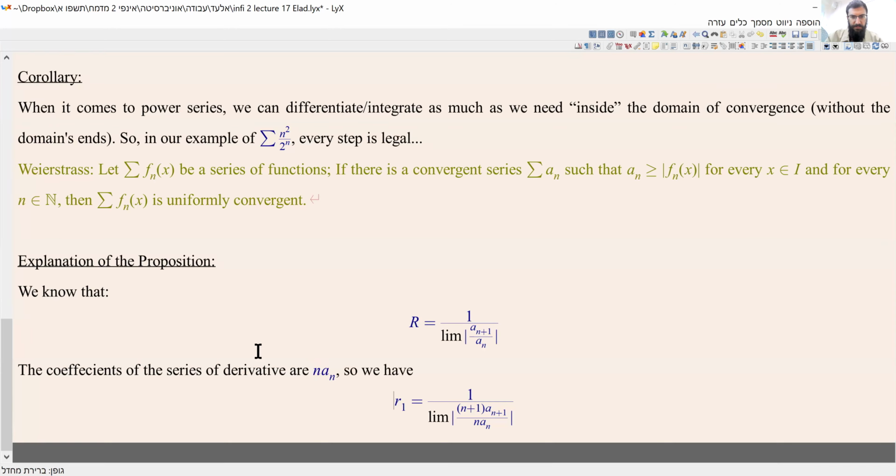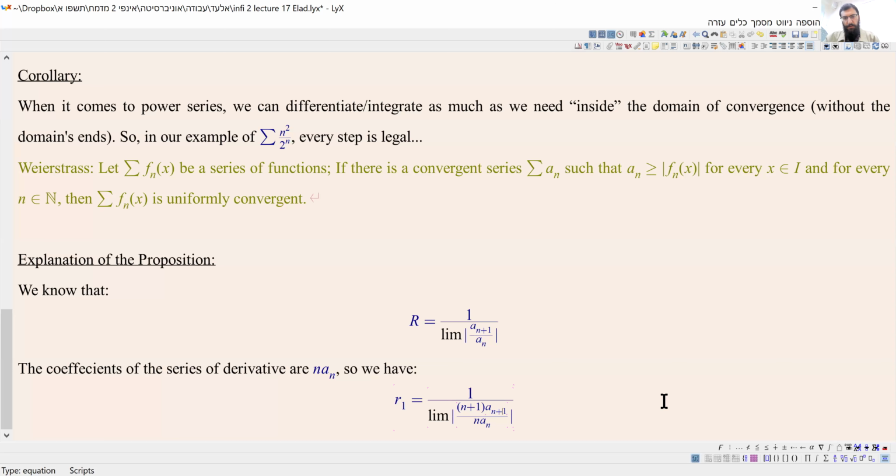But right now, what is the limit of (n+1) over n? We know that this is 1, right?